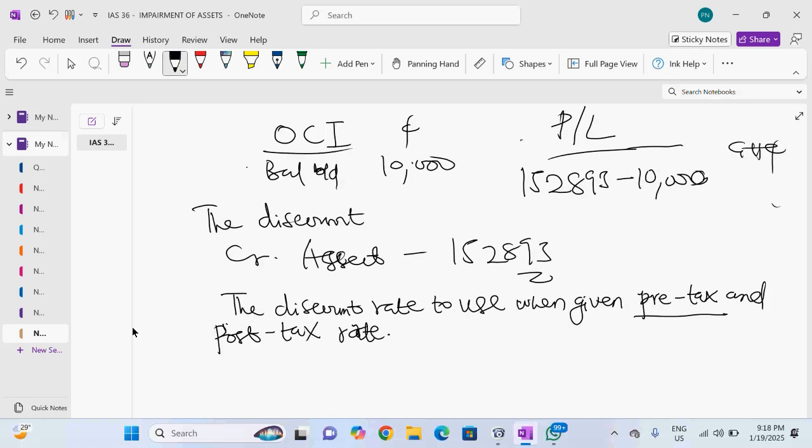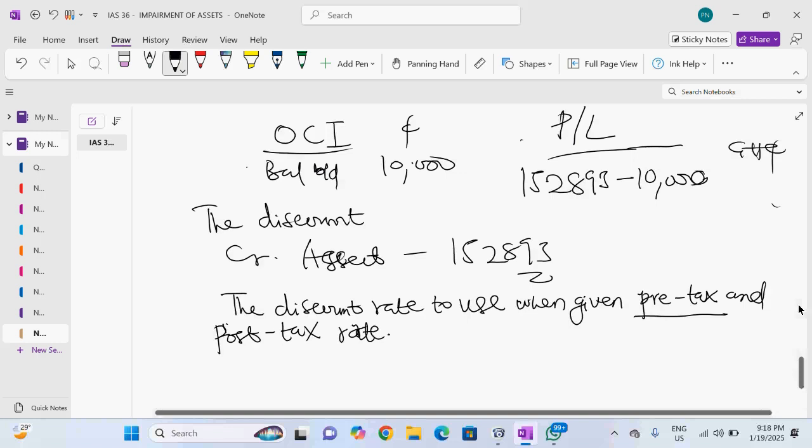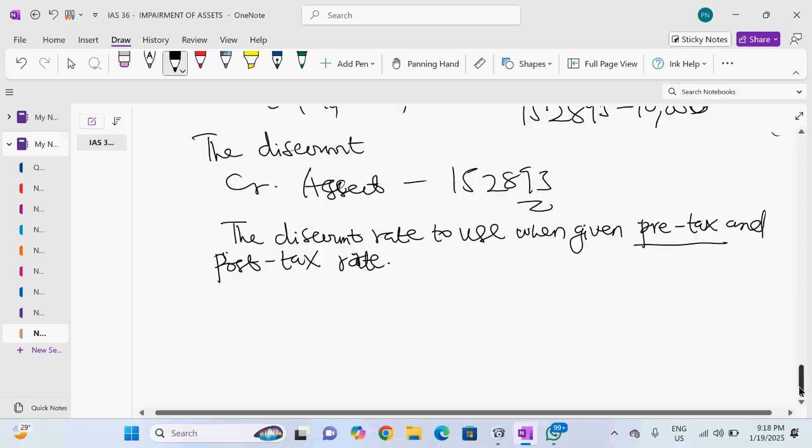If you are using the pre-tax rate, there should be pre-tax cash flows. So pre-tax cash flows and pre-tax discount rates should be used to calculate the value in use.